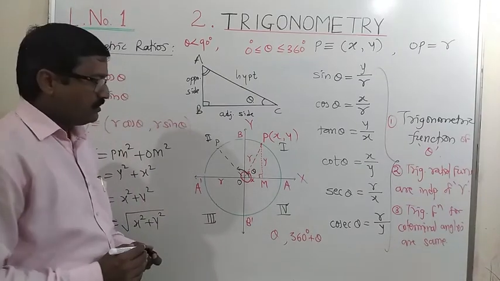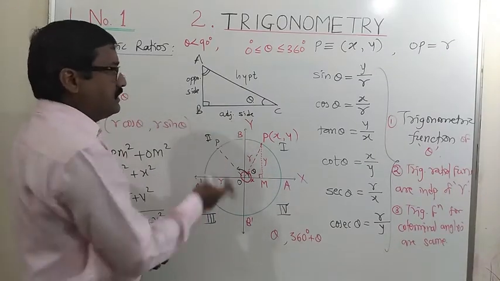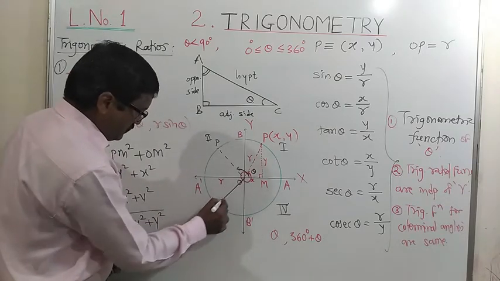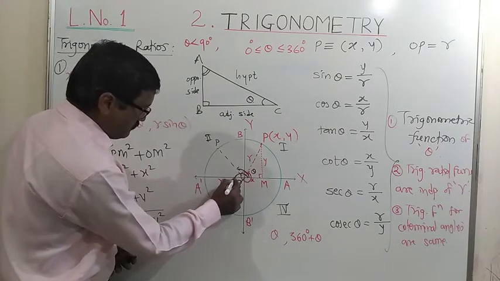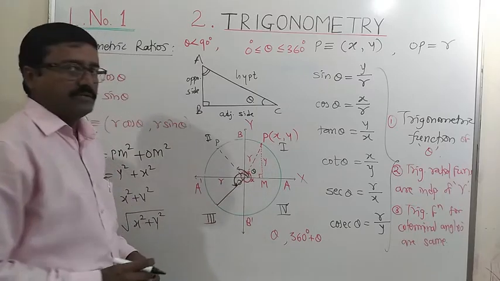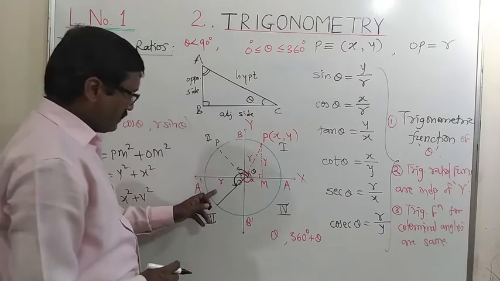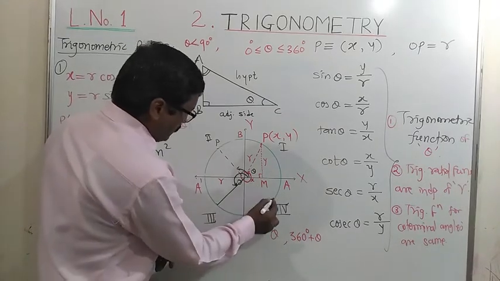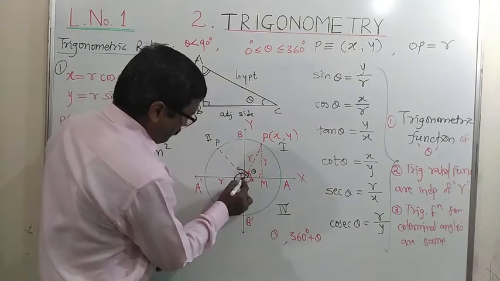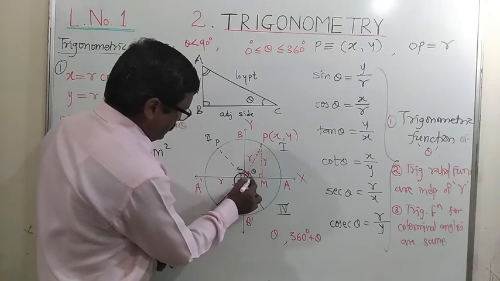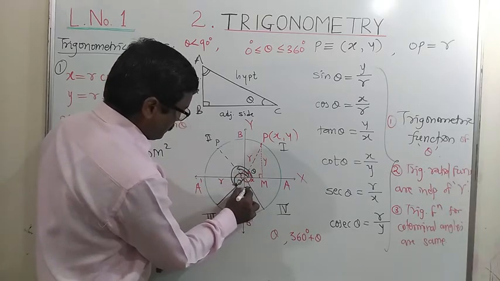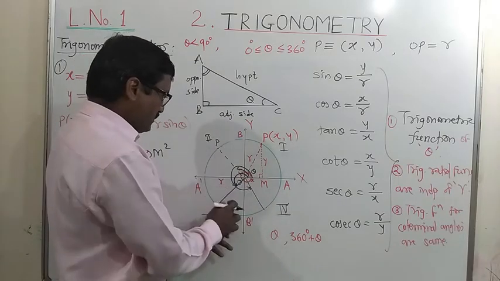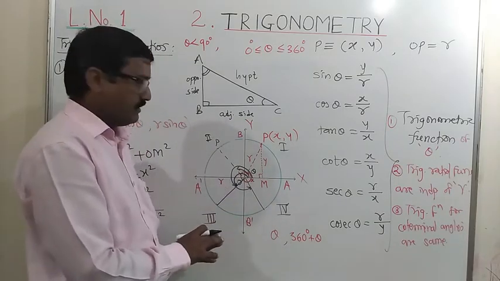This theta is nothing but the inclination of the line. So in the second quadrant it will be more than 90, in the third quadrant more than 180, and in the fourth quadrant more than 270 degrees.